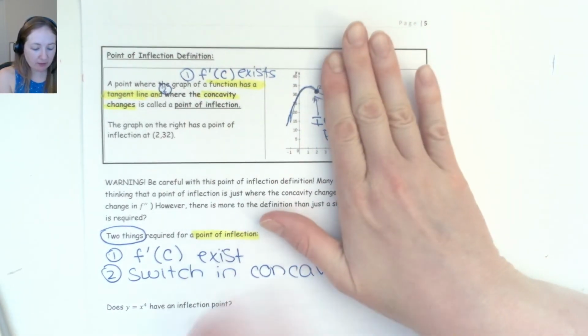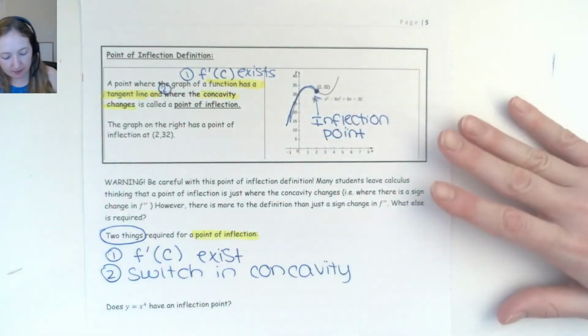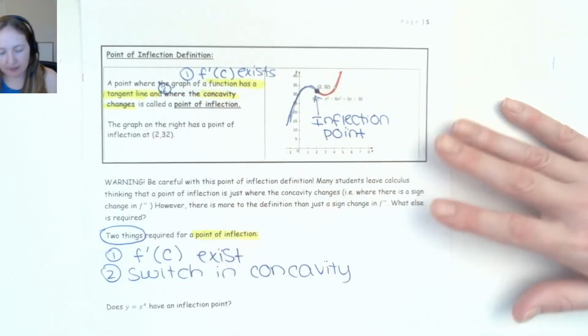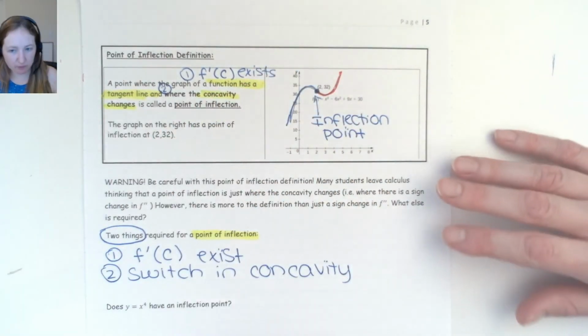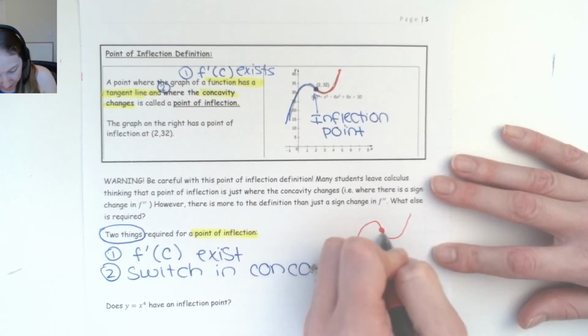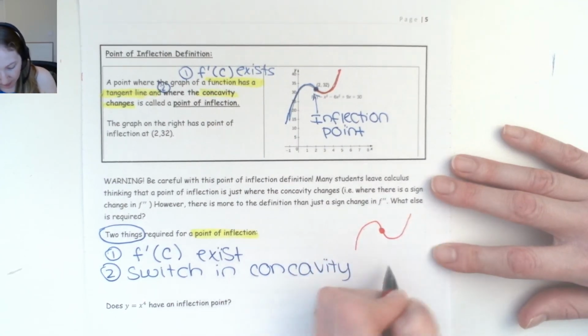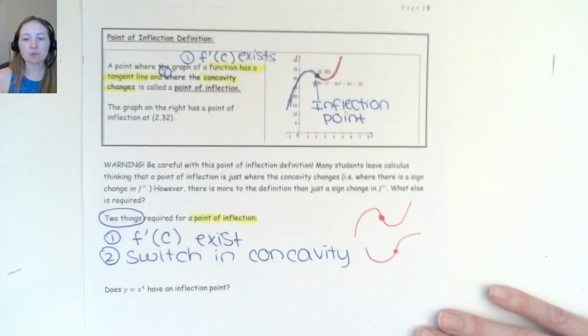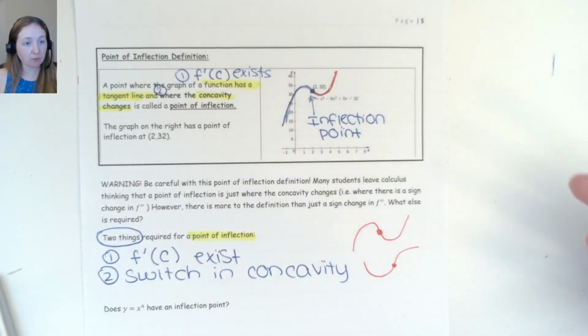You see how everything to the left of this point is concave down, and when I look to the right, that is where it's concave up. A lot of times when we're thinking about inflection points, it's going to be a little switcheroo, where here you're concave down, concave up, or you could have concave up and then switch to concave down. Those would be your inflection points, and they're going to be very important for us in terms of analyzing the graph.